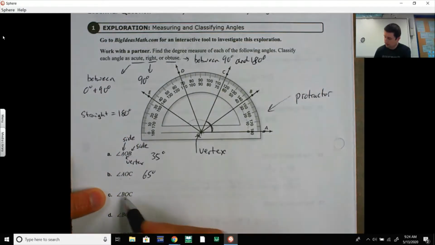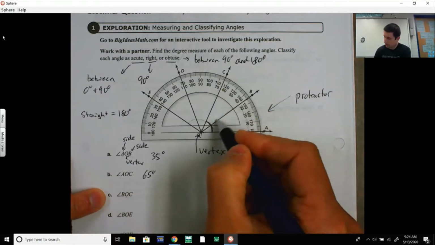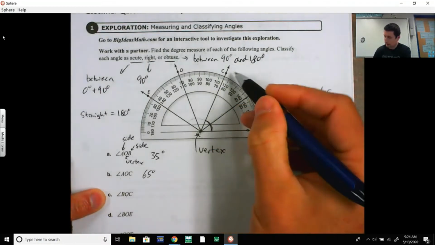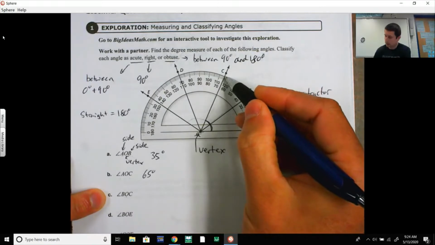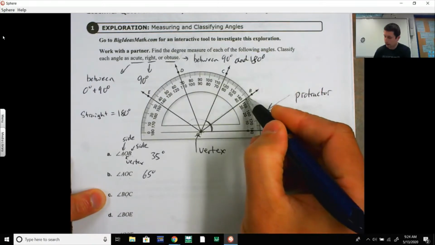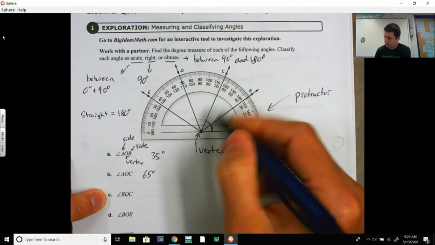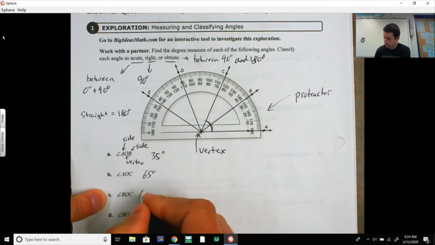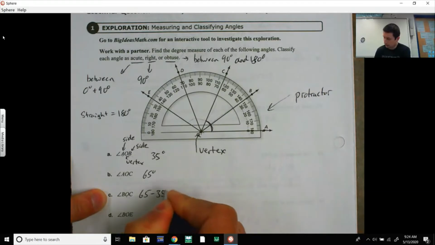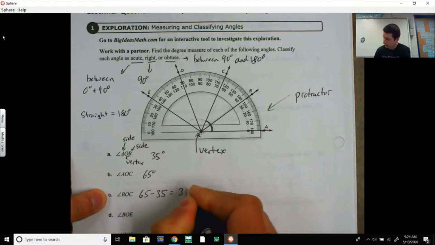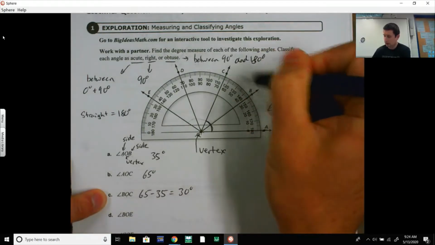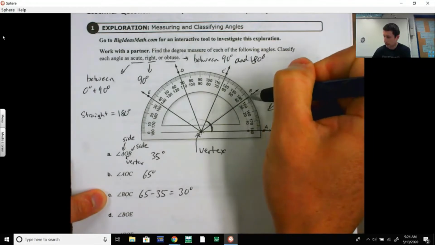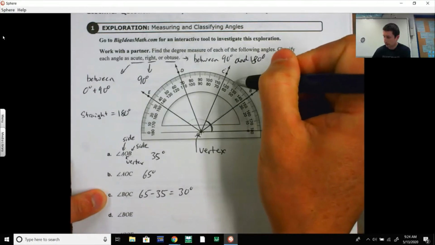BOC. Okay, B to O to C. Now you may say, oh, it stops at 65, but remember, I'm starting at 35. So if I want BOC, I have to take AOC, 65 minus the 35. That gives me 30 degrees. That'd be 30 degrees from here to here, because remember, that's 35, 45, 55, 65.